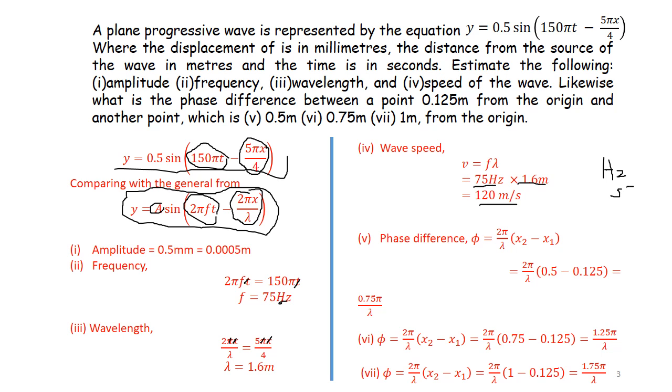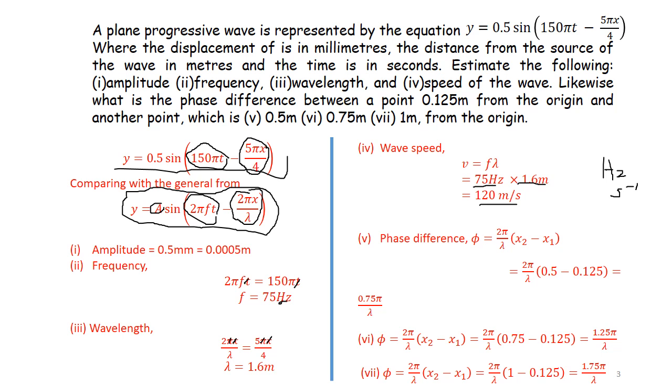So if time is given per minute, you cannot say your f is in hertz. You must convert to seconds for you to get your f as hertz. If time is in minutes, or any other unit apart from seconds, then the unit of f will never be hertz. You must convert first to seconds to assume that your unit of frequency is hertz.